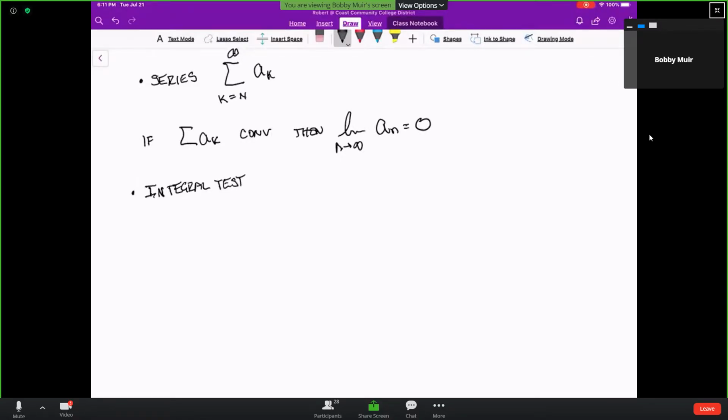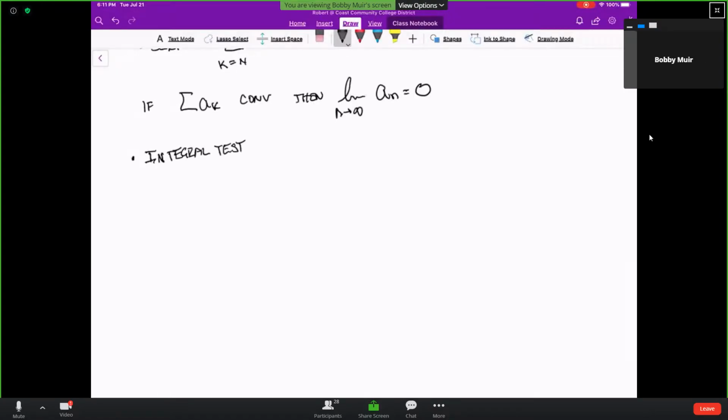So the way that the integral test worked was that if a sub n is equal to f of n, where f is continuous, at least on 0 to infinity, or maybe starting at 1 and going to infinity, or for that matter, it doesn't make any difference where you start.